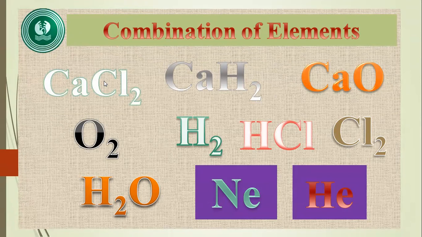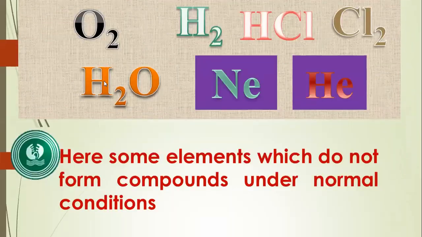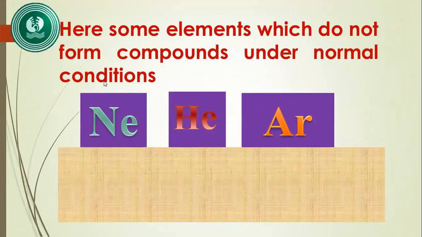Also notice these two elements, neon and helium. They do not participate in forming compounds or molecules. They exist as single atomic gases. Why is that? We will see. Here you notice some elements: neon, helium and argon.